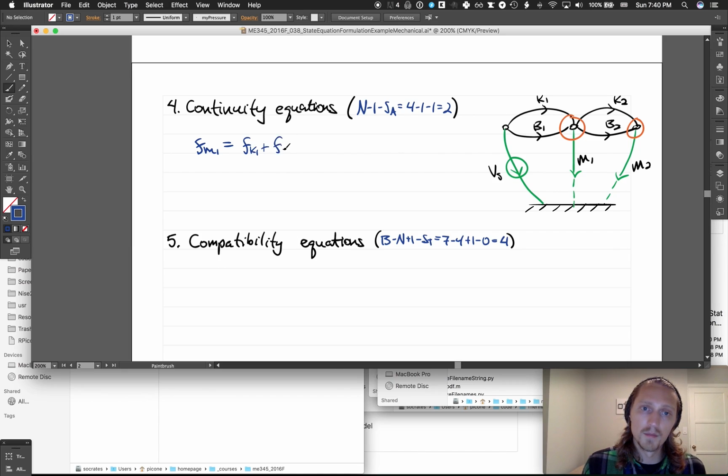Okay. We could have also, of course, just added up all of the forces going into this node and set that equal to 0 and solve for Fm1, but we just sort of skipped a step there, and it was a little bit cleaner this way.